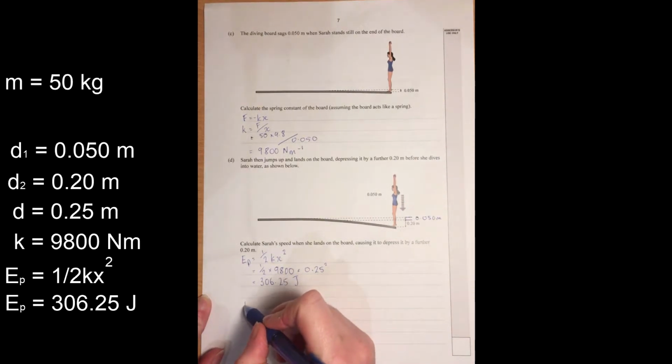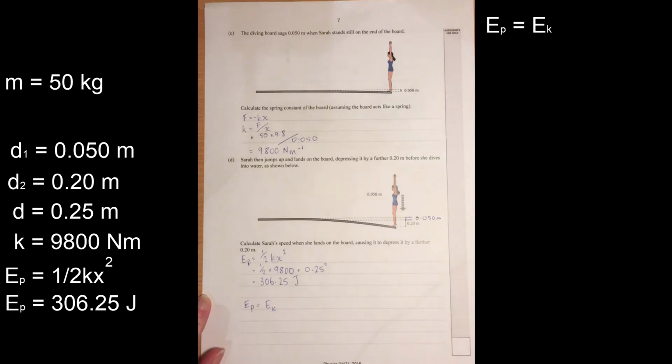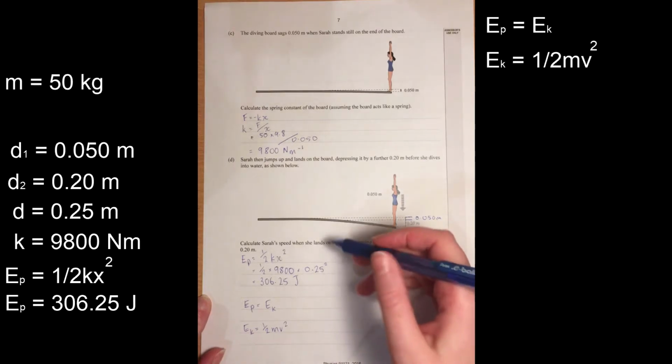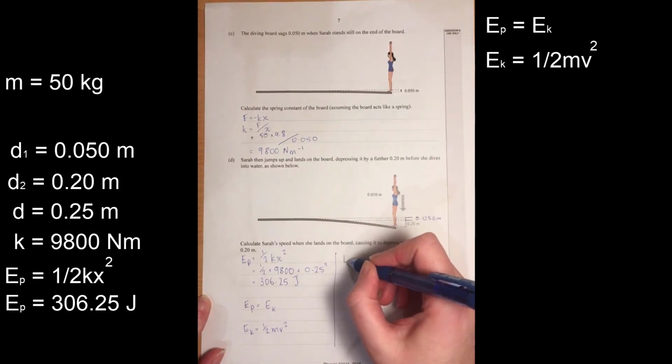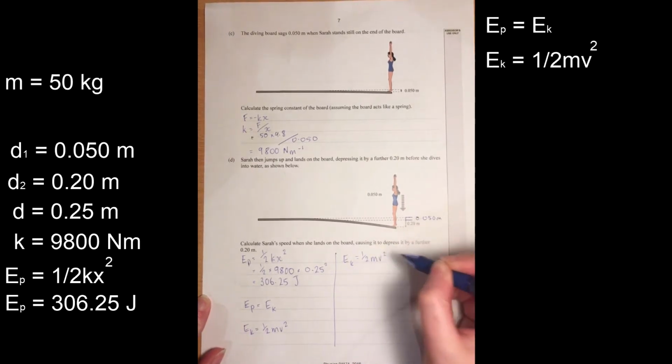Okay, so that's the potential energy. Then we need to state that potential energy is equal to kinetic energy, all right? And kinetic energy is the one that has the velocity in it. So EK equals half mv squared. What we need to do is we need to rearrange this equation to get velocity by itself. All right, so we're going to do that up here. I will rewrite our starting point.